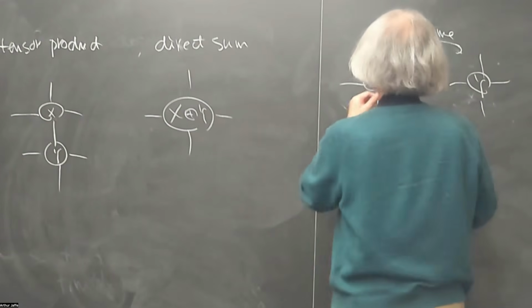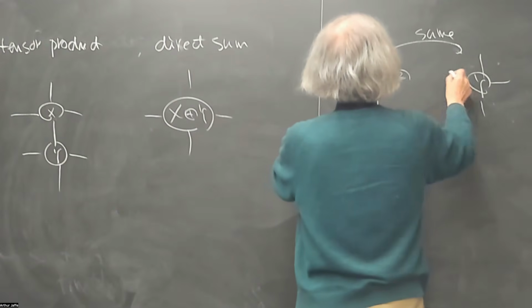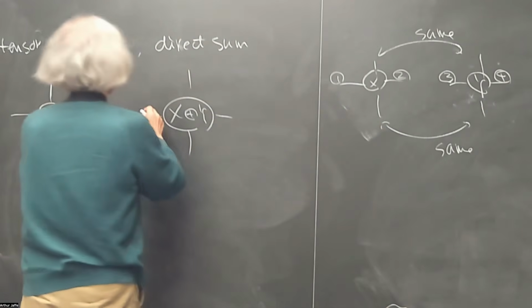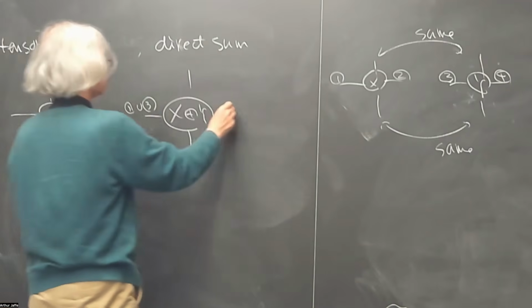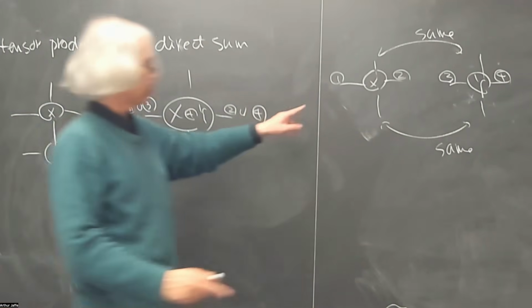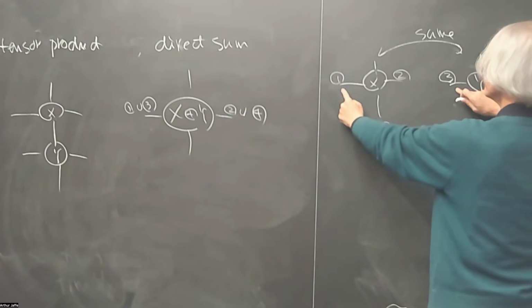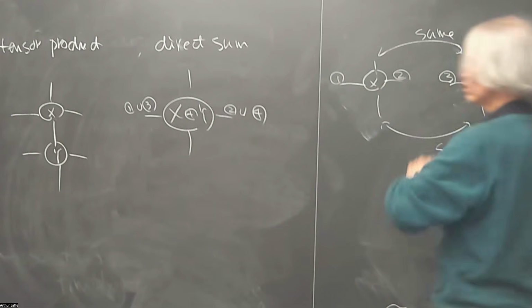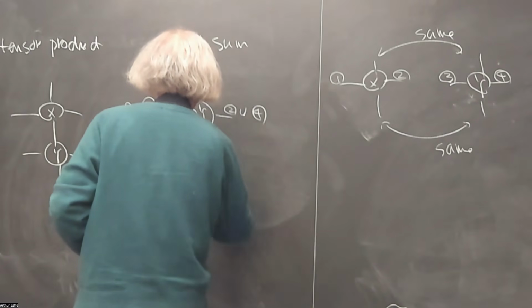So this index set is 1, this is 2, 3, 4. Then this part is the union of 1 and 3, and this is the union of 2 and 4. So here we have 2 index sets, and we make a disjoint union of these 2, and a disjoint union of these 2. Then this is just 3 bases.